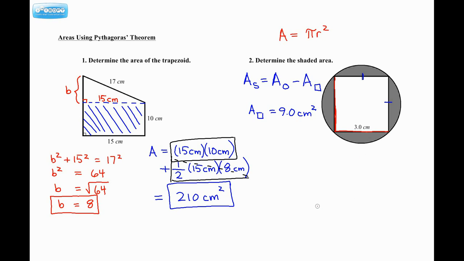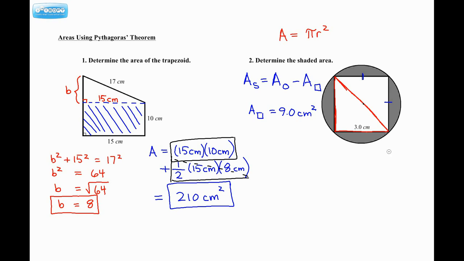It is not the diameter either. This is the diameter, right here, from corner to corner. So if I can calculate this distance here to get the radius, all I have to do is divide that by 2, because by definition, the radius is half the diameter.